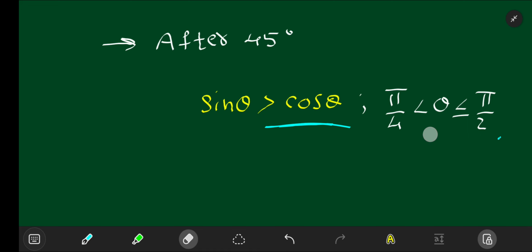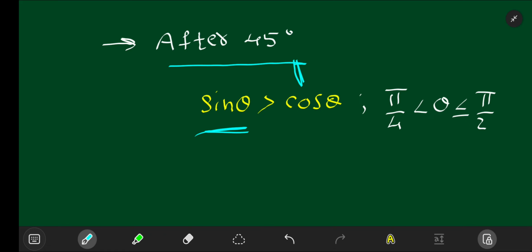We already saw sin 90 degrees is 1, cos 90 degrees is 0. So sin theta values are big after 45 degrees, cos is big before 45 degrees, and at 45 degrees both are equal. Okay.